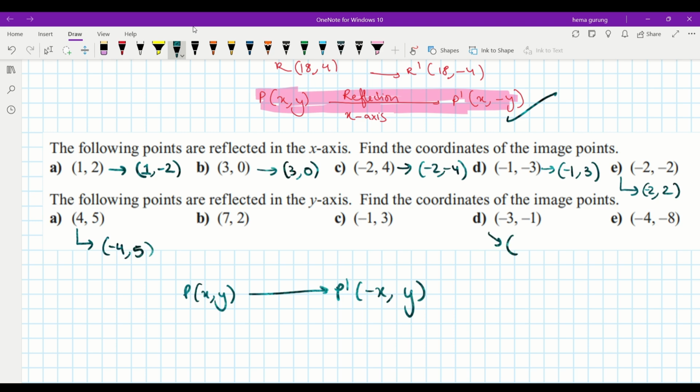This one, negative of negative 3 is 3, minus 1. Negative of negative 4 is 4, and negative 8. Similarly, let's do this one: 1, 3, and negative 7 and 2. With this, I hope the reflection in the x-axis and y-axis is clear.